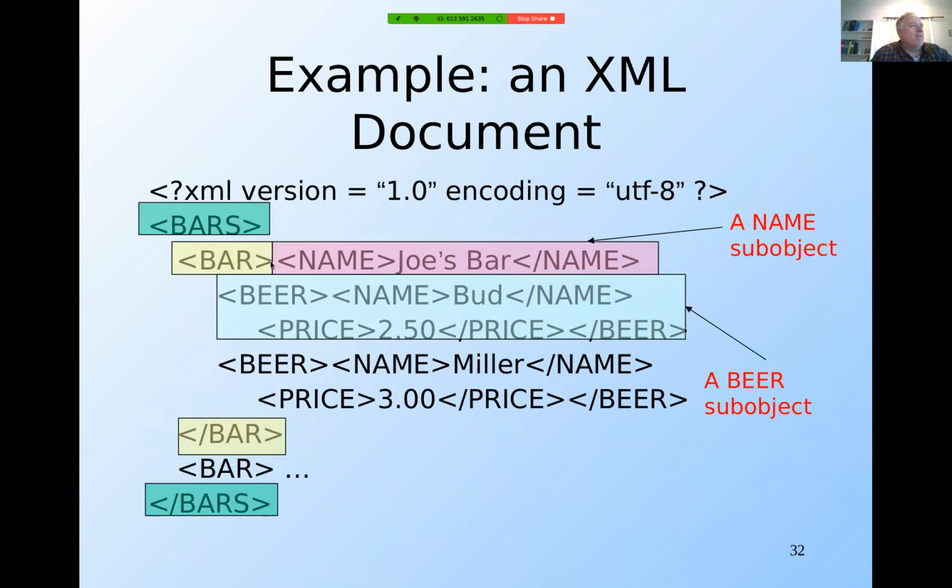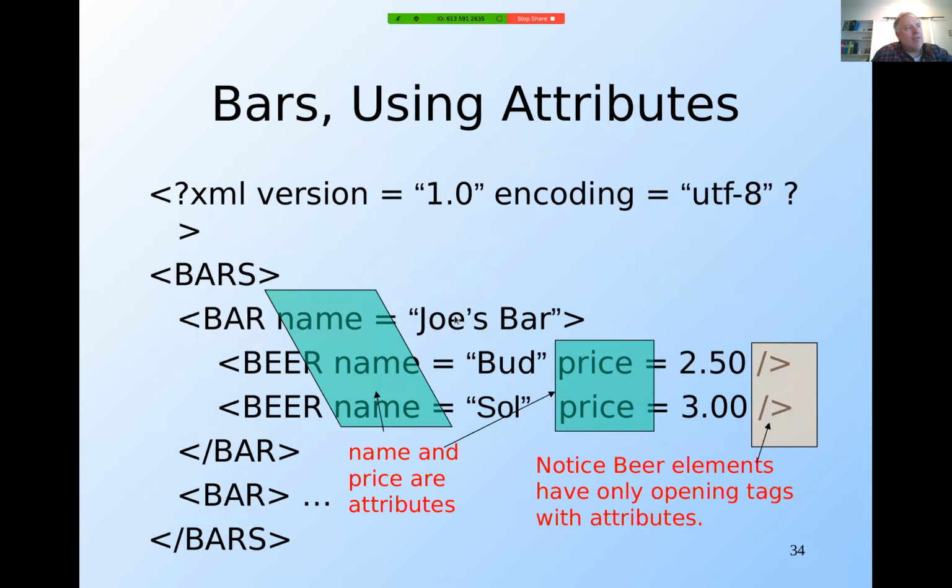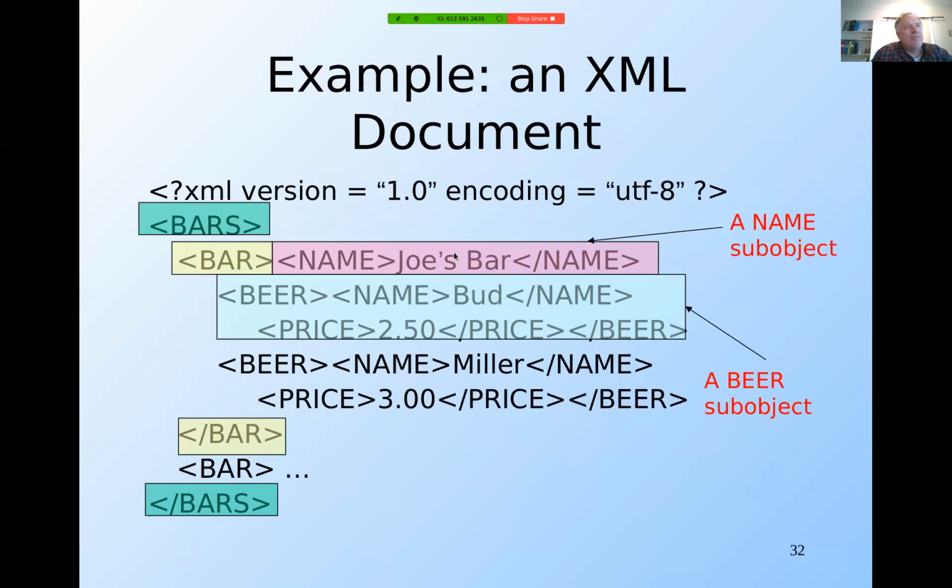So here's an example of representing the bars, where we have bars, we have Joe's bar. These are all just nesting things inside of tags. If you've done anything with XML, and HTML, which is not quite XML, you get attributes. So for a bar, instead of having Joe's bar as internal printable character data, we're going to have it as an attribute instead.